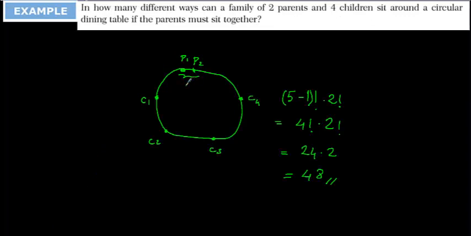These 3 persons can sit around the circular table in 3 minus 1 factorial different ways, because they behave as a group, like in the parent example. In the parent example, I counted this as 1 person, 1, 2, 3, 4, and 5, so 5 minus 1 factorial different ways they can sit. Then 3 minus 1 factorial different ways they can sit. So there are 1, 2, and 3 groups of people.